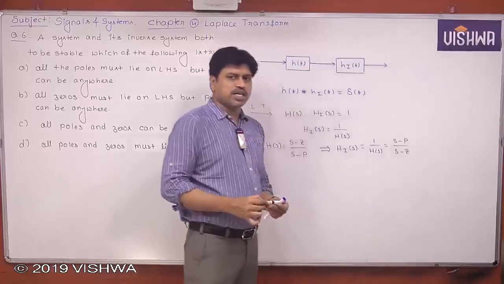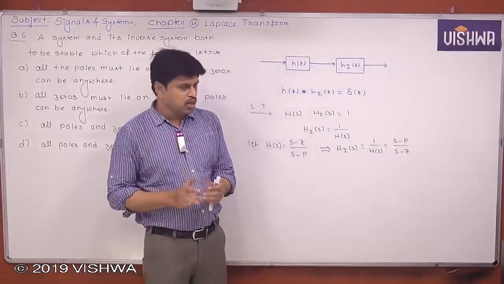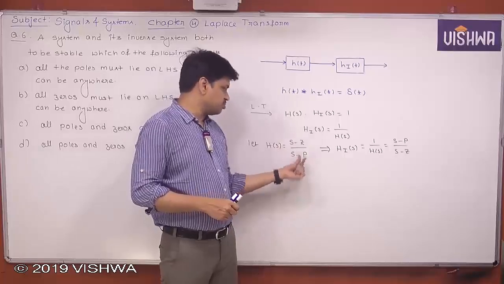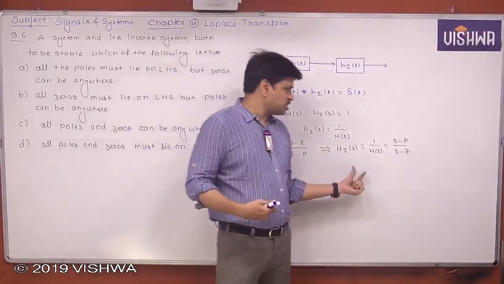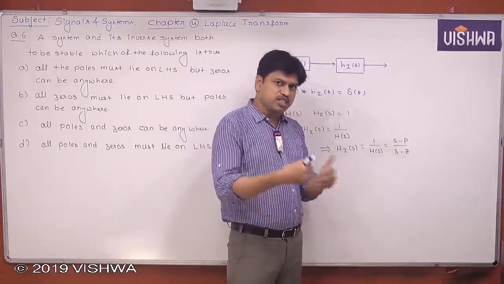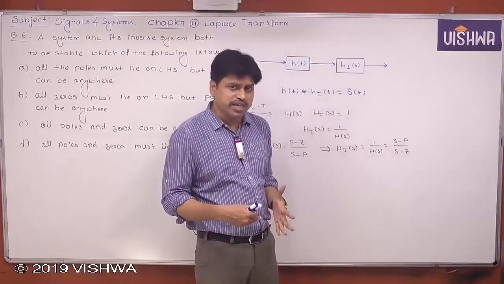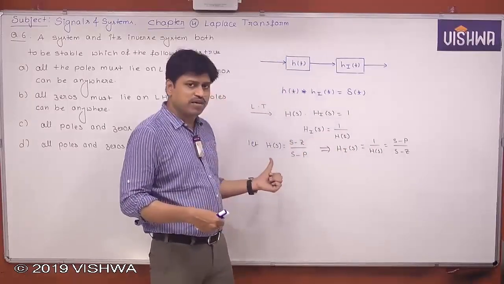We know that for a system to be stable, its poles must be in the left half of the s-plane. So for this system, the pole p has to be in the left half of the s-plane. For the inverse system to be stable, the pole, here z, has to be in the left half of the s-plane. So I can conclude that both z and p have to be in the left half of the s-plane.